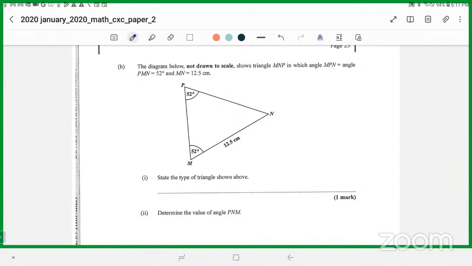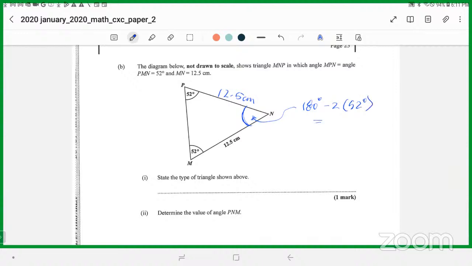Clean that up. And now, if you know two angles in a triangle, you are blessed because you can find the third one, because you know the total angle in a triangle is 180. So this angle here will be 180 degrees minus 2 times the 52 degrees, because there are 2 of them.